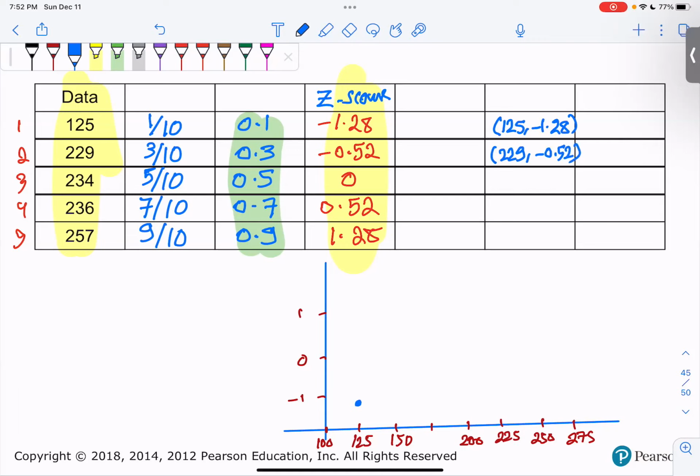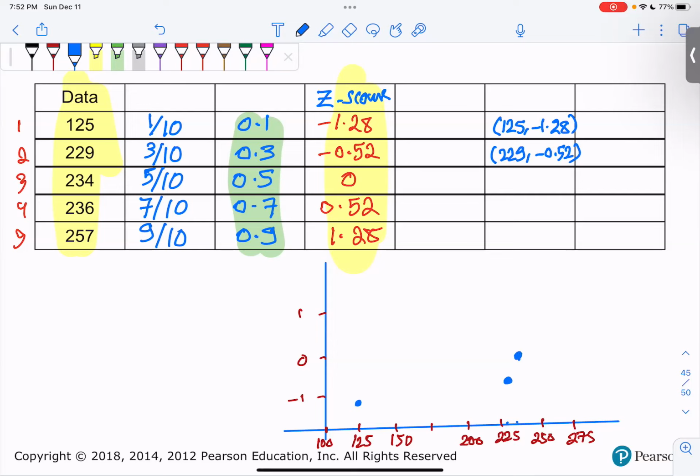It will be 229, which is somewhere like here, maybe, and then negative, something around here. And then the third one, which is 34, maybe here, and 0, which is here somehow.